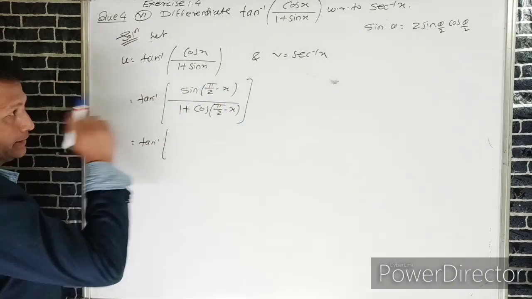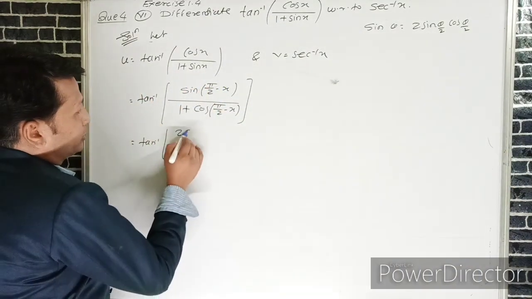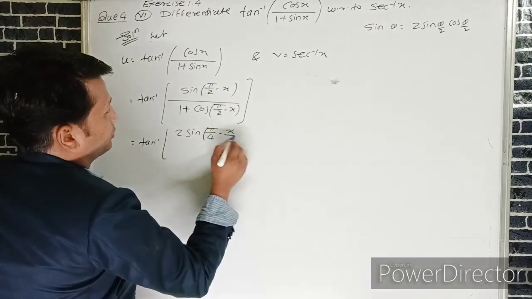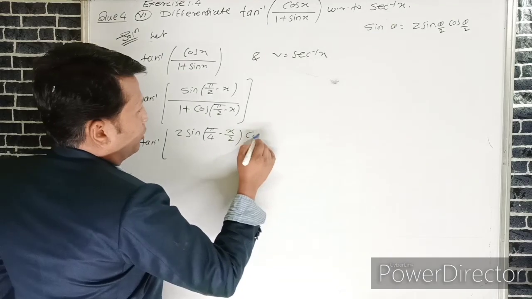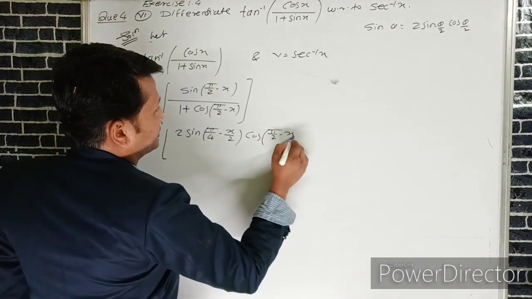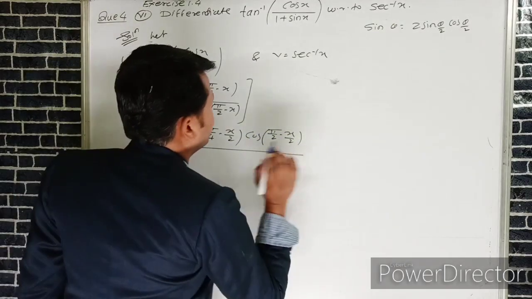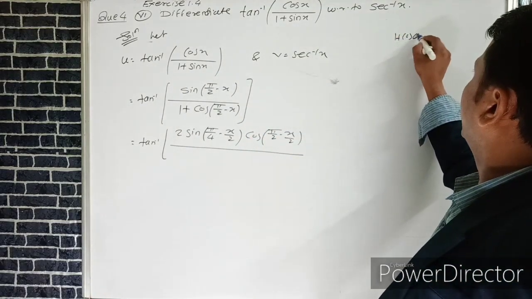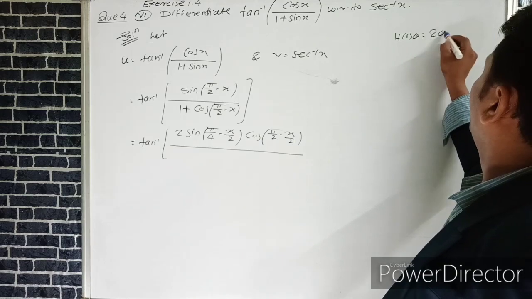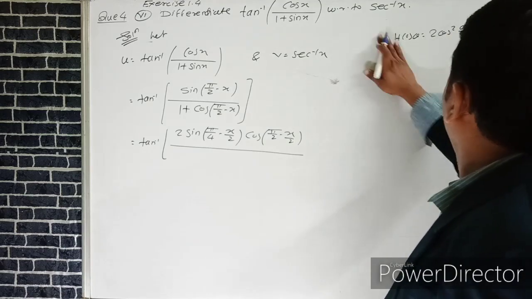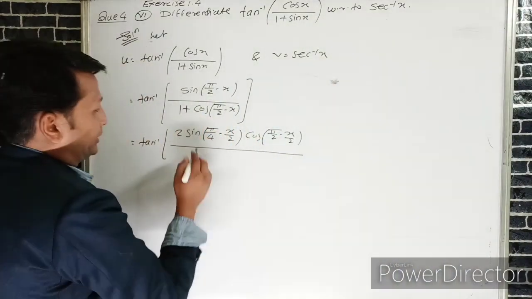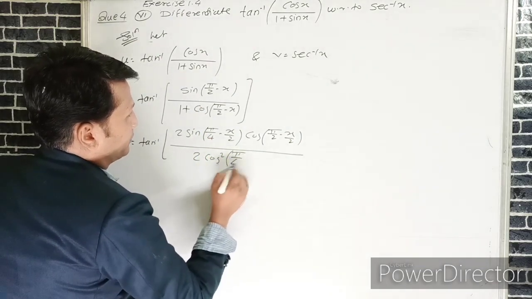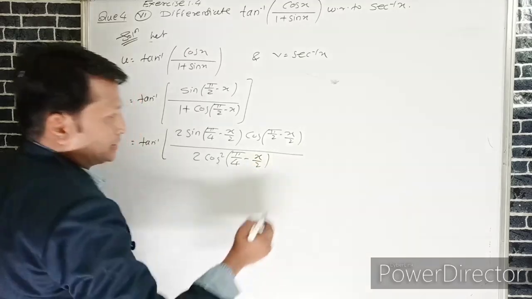Similarly, sine of (pi by 2 minus x) is 2 sine of (pi by 4 minus x by 2) into cos of (pi by 4 minus x by 2), upon, now the next rule, 1 plus cos theta, we can write as 2 cos square theta by 2. Using this rule, we write 2 cos square of (half of pi by 2 is pi by 4, and half of x is x by 2).